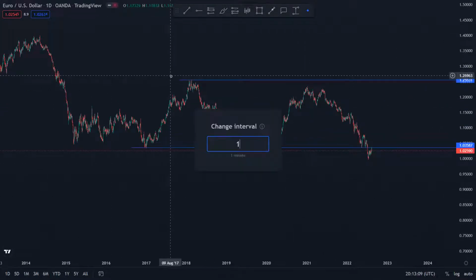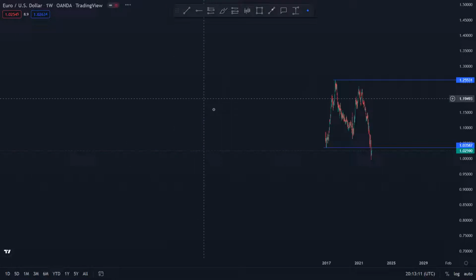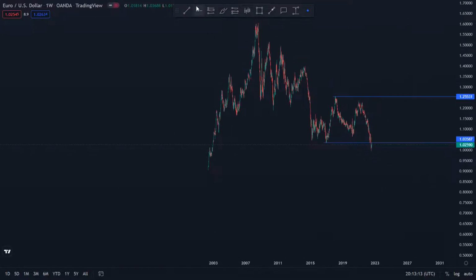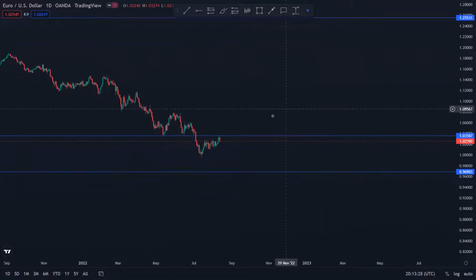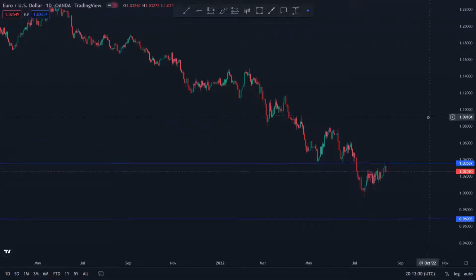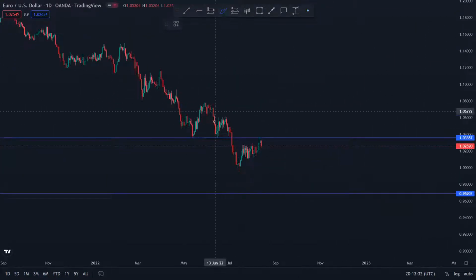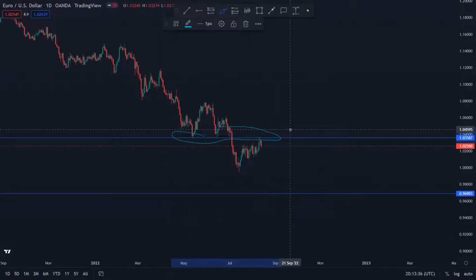Let's come to daily. So we have this high value area here, and this is a high value area here. So on daily, we have price breaking our weekly horizontal line that I've drawn here.